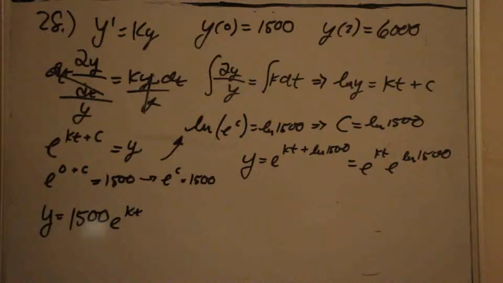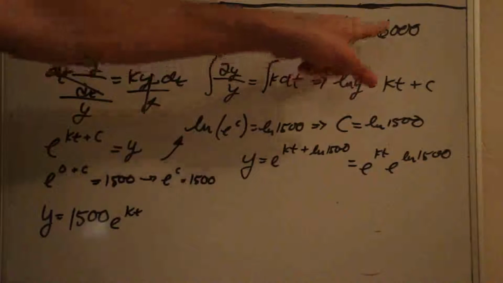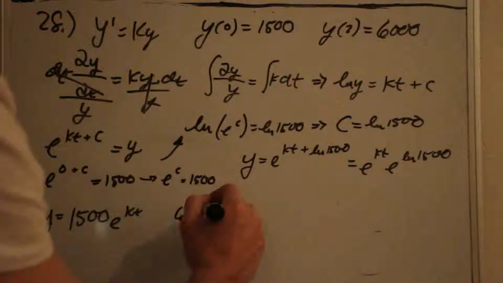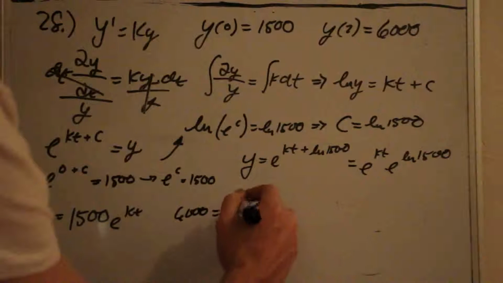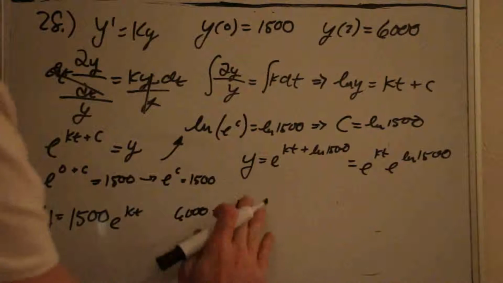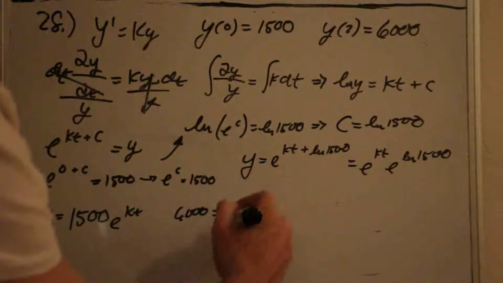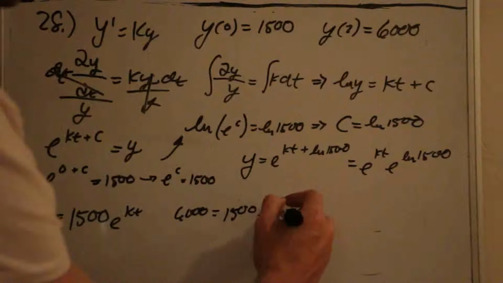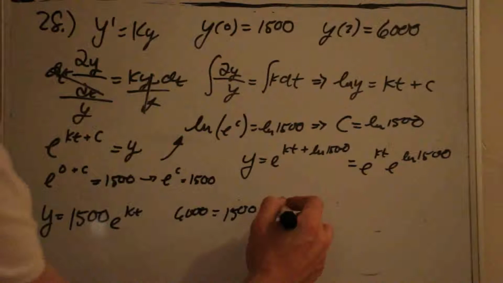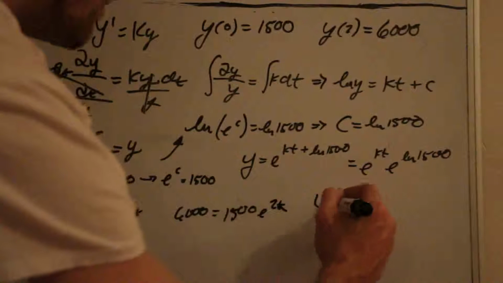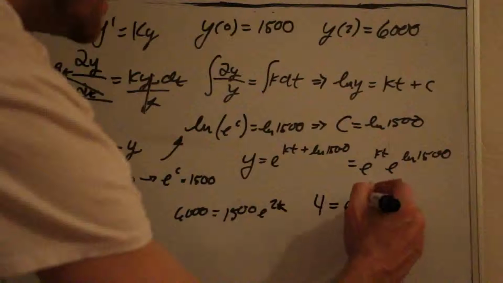All right. Now I want to solve for k, so I plug in y of 2 equals 6,000. So 6,000 equals, I apologize, 1,500 times e to the 2k, plugging in 2 for t. I divide both sides by 1,500. I get 4 equals e to the 2k.